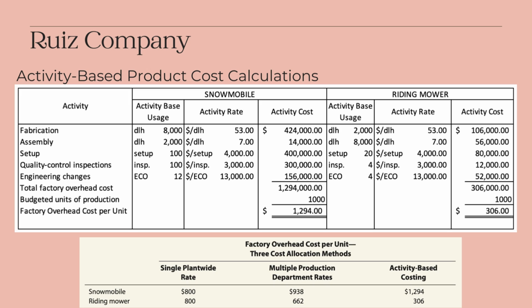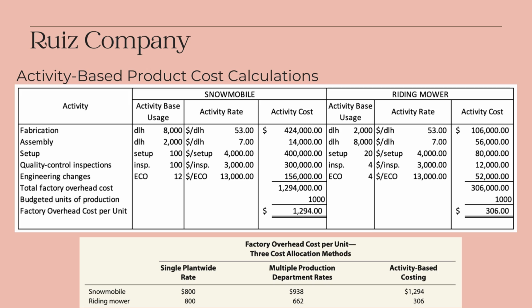As you can see, if taking into account the other activities, the true cost is $1,294. And compared to the riding mower, it would seem that this product would be overpriced when using the single plant-wide rate and also the multiple production department rates compared to the activity-based costing rate of $306.